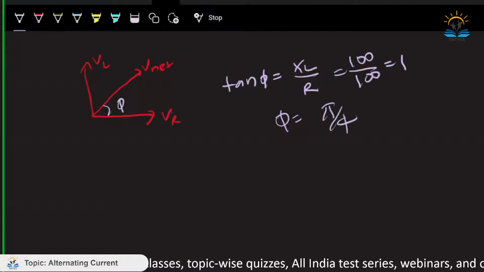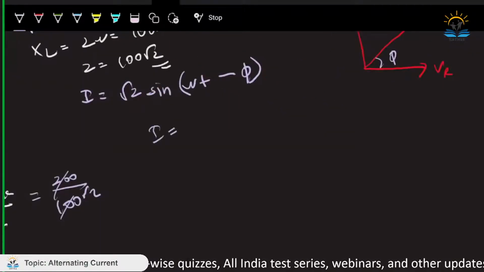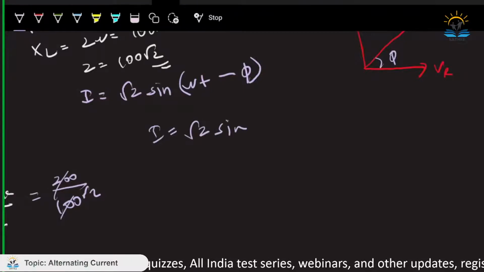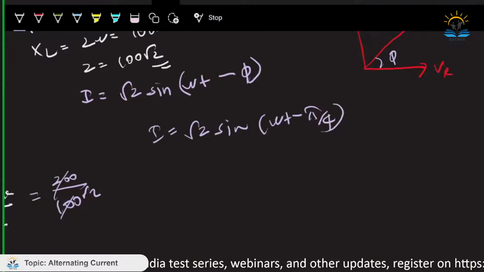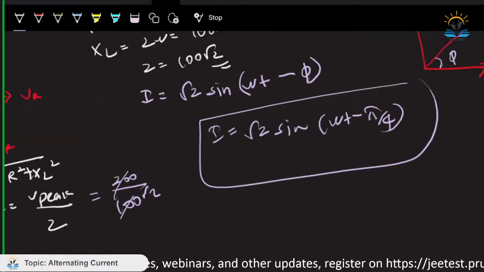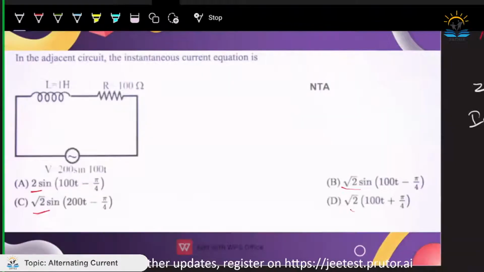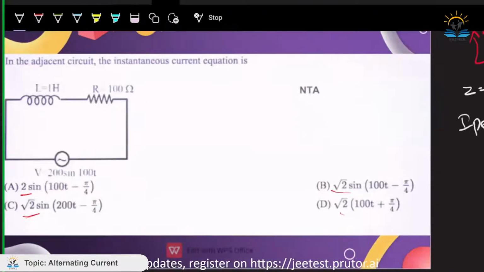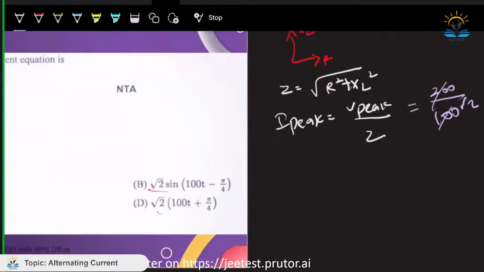So our equation will be I equal to root 2 sine of omega t minus pi by 4, that is root 2 sine of 100t minus pi by 4. Easy. Option B is the correct answer.